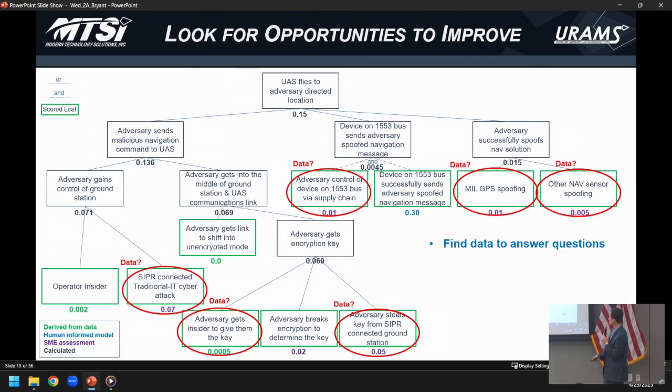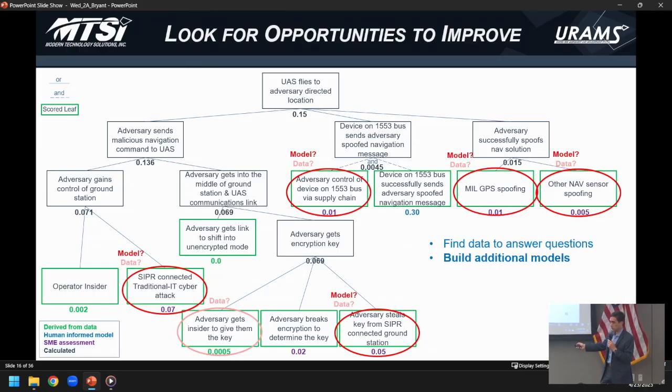If this were a real system, I have no doubt, especially at the classified level, somebody's got some data on MIL GPS spoofing, how easy it is to do, what the probabilities are, other types of nav sensors. I know there's data out there on 1553 buses and other devices, and the probabilities that we've seen for various types of supply chain attacks. So we've got data on most of these things if you're a real system.